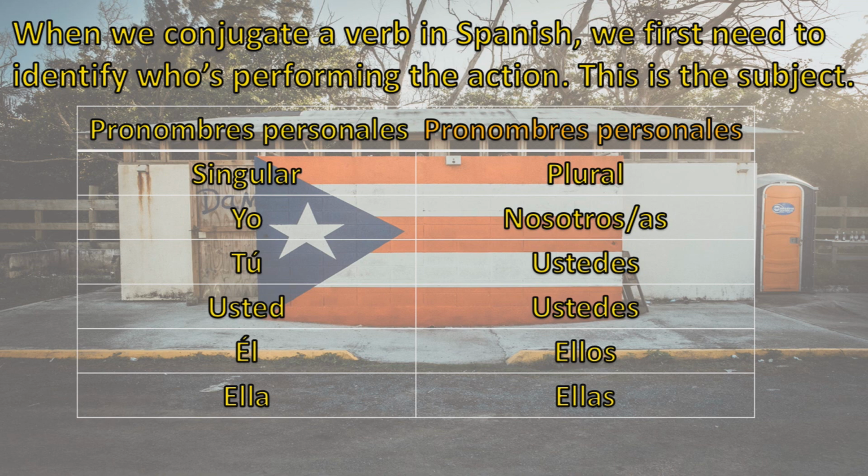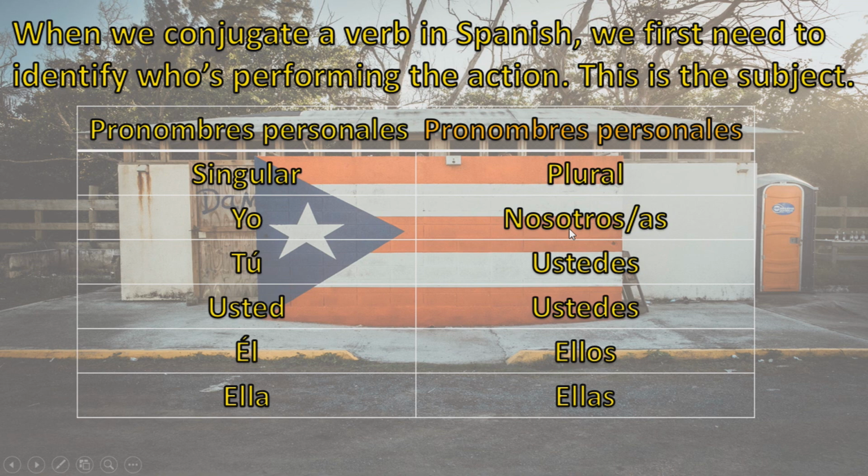We have yo, that is translated as I, tú, that is translated as you, usted, that is also translated as you in English, but remember that it is when I am talking directly to a person and I want to be very formal with this person. I also have the personal pronoun él, that is translated as he in English, ella, that is translated as she, nosotros, that is translated as we in English.